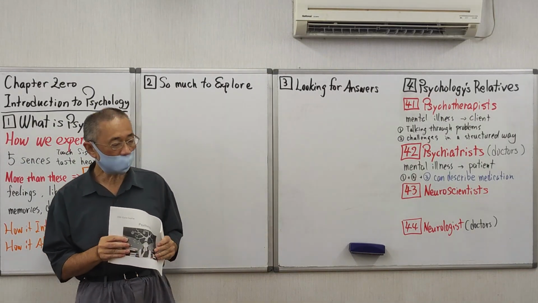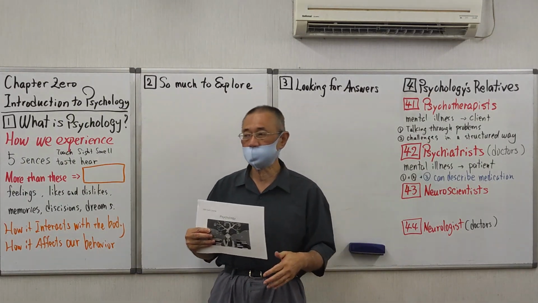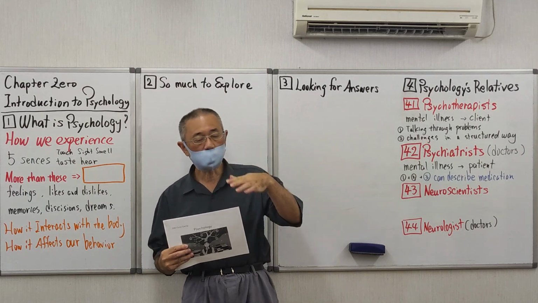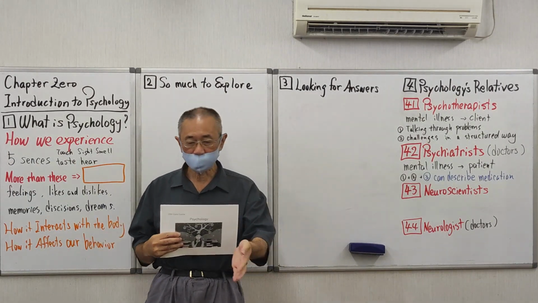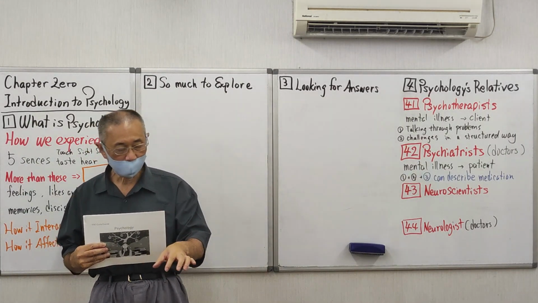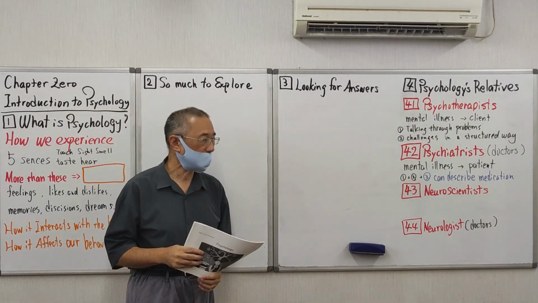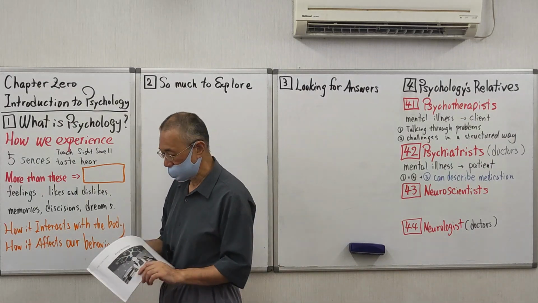But the psychology we are going to start is not only just the mind, and much more precisely, we break it into pieces and study. There are many pieces of them. So today is just an introduction to what psychology is.